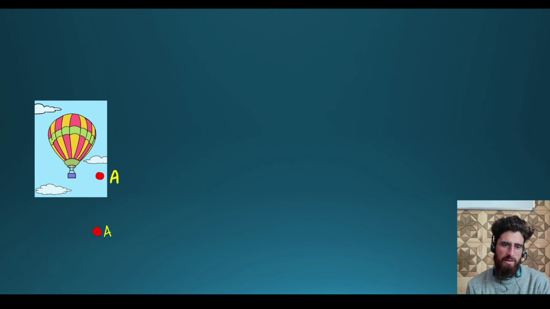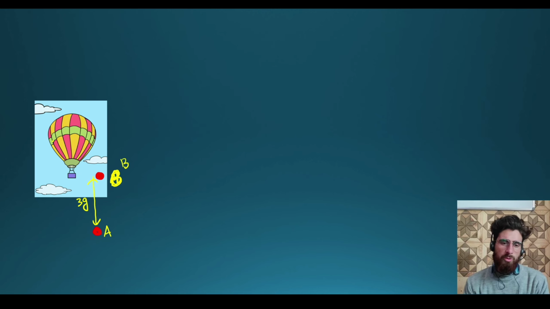Particle A is here, and the separation distance between the two is 3g when the time was 2 seconds. At this time the particle B was dropped from the balloon. The particle B was dropped from the balloon at time t equals to 2 seconds.